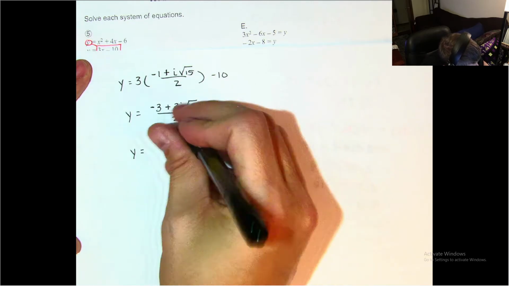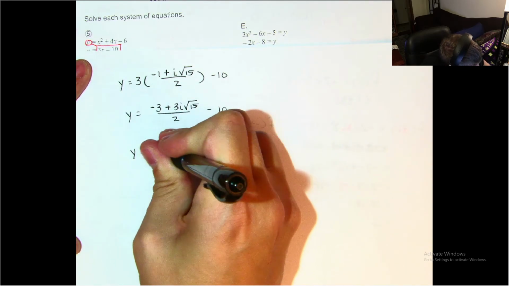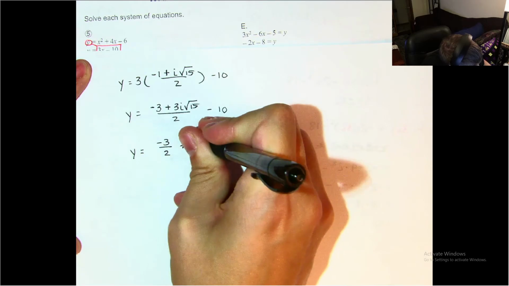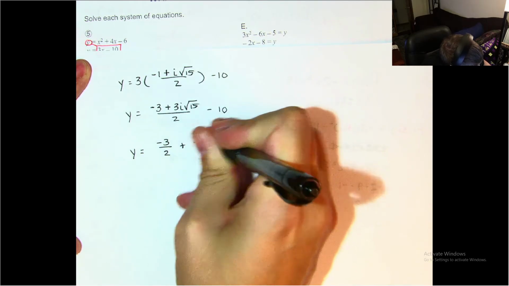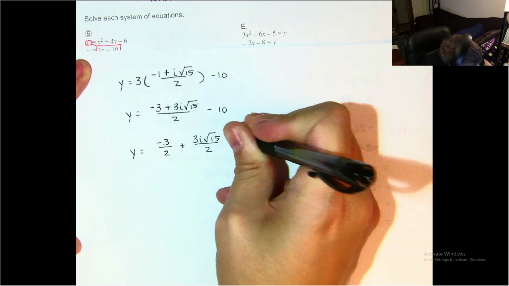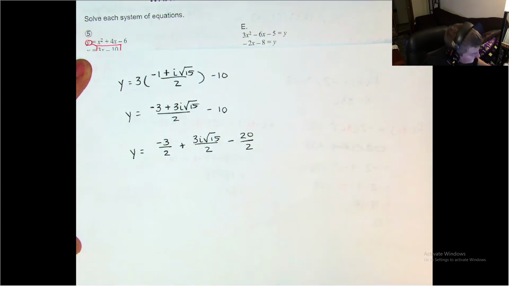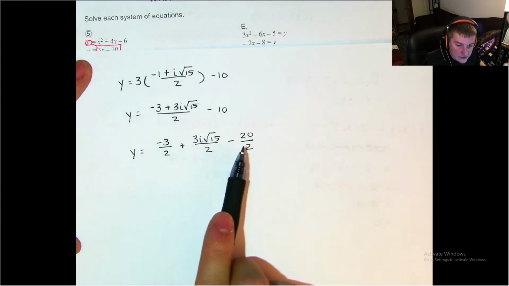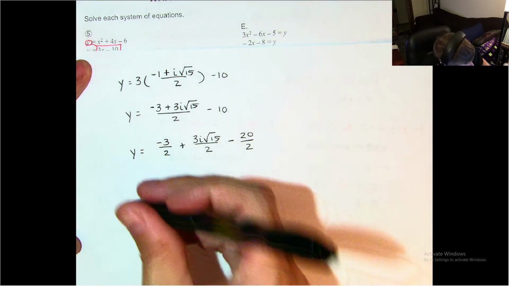I'm going to split this up into negative 3 over 2 plus 3i square root of 15 over 2 minus 20 over 2. So negative 3 over 2 minus 20 over 2, those combine.